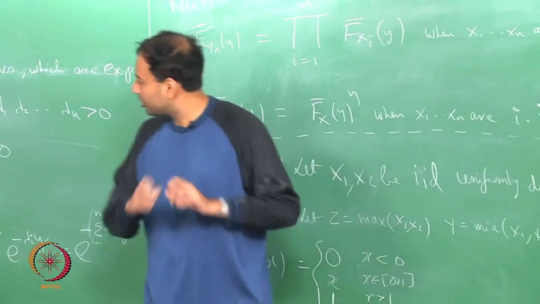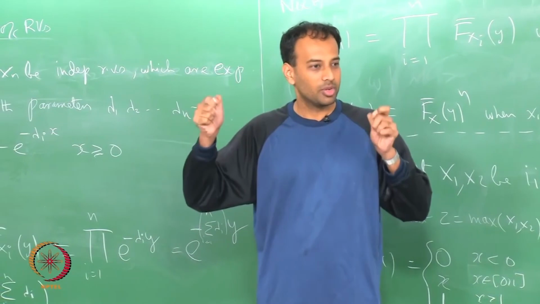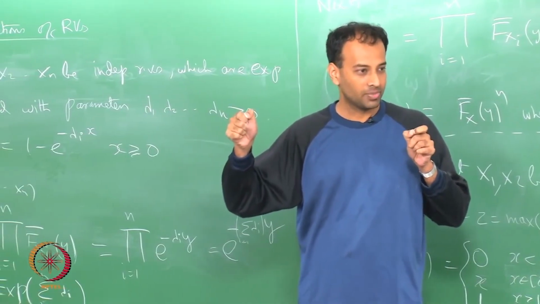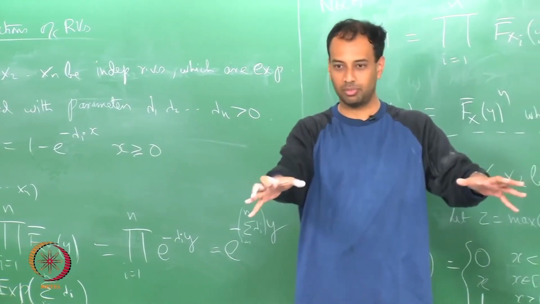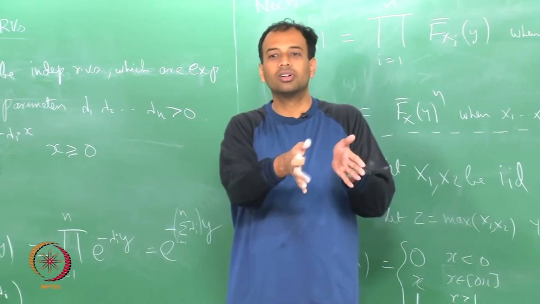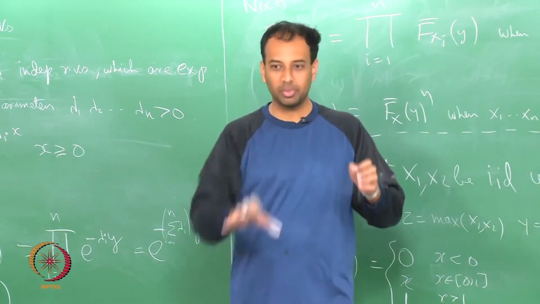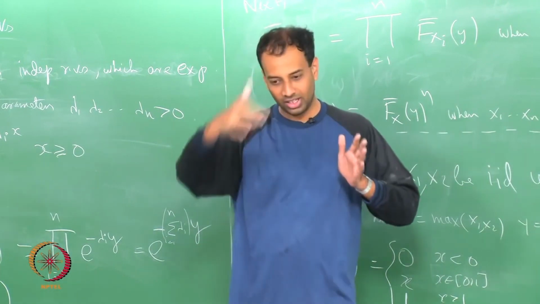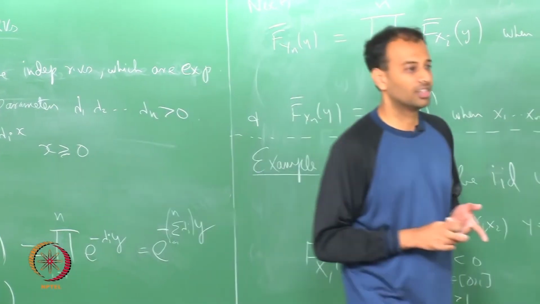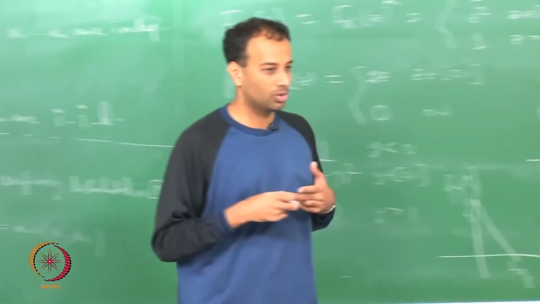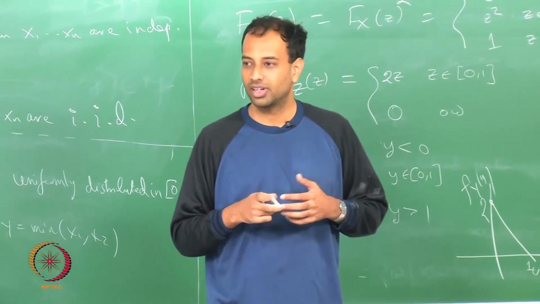Each ith sample has inter-emission duration that is exponential with parameter lambda i, and let us say they are all emitting at one place, and the minimum of these is the time to the first emission, correct. You have all these independent samples emitting. So, if they are all independent exponential times, the time for you to see the first emission coming out is also an exponential, right.